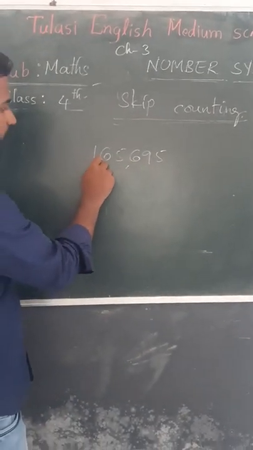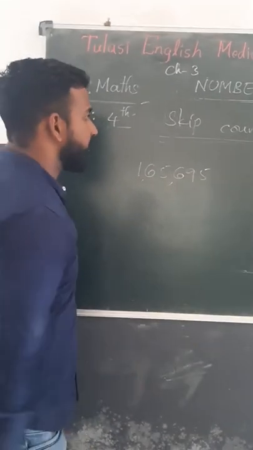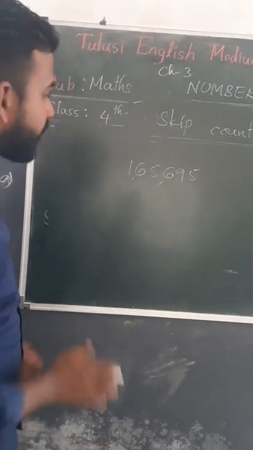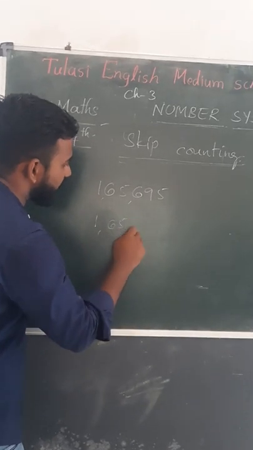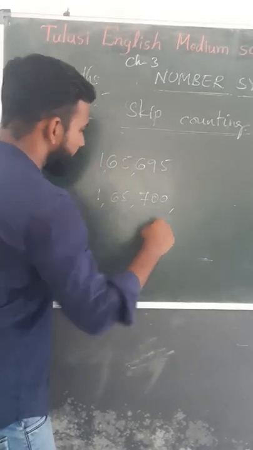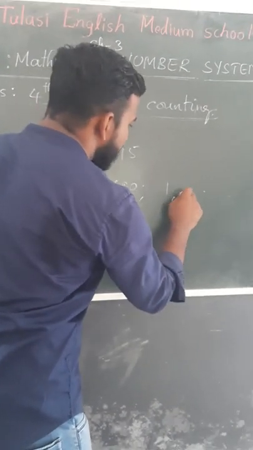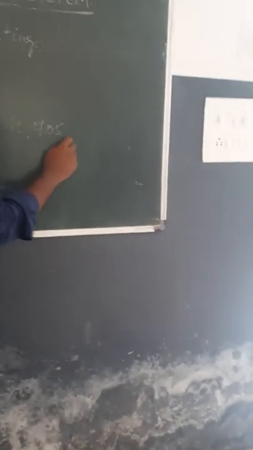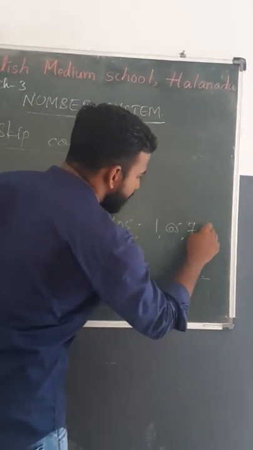It is 1,65,695. Skip counting by skipping 5: 1,65,700, 1,65,705, 1,65,710.